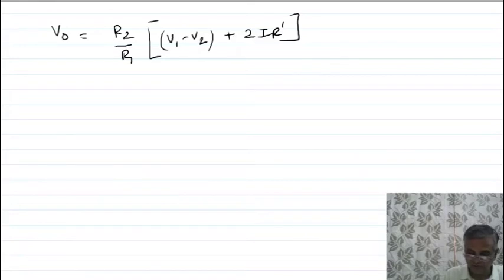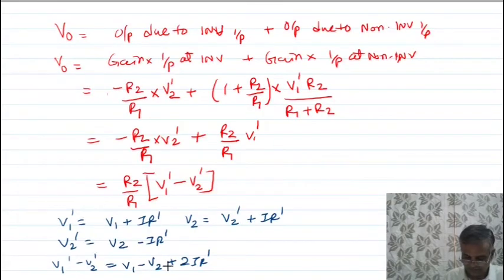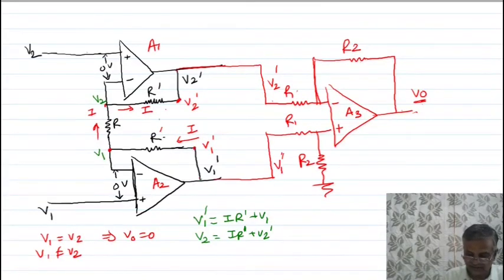Look, 2 IR dash. Now let us find the I. Let us check how you can find I. This current I you can say here.